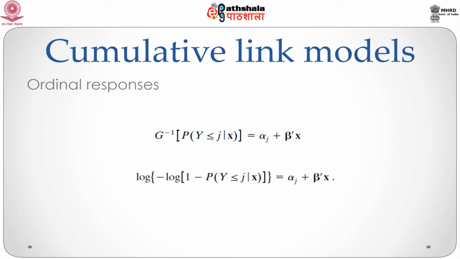So, for example, if we were to assume an extreme value distribution for the underlying latent variables, this leads to the complementary log-log link given by the equation log of minus log of 1 minus probability y less than or equal to j given x equal to alpha_j plus beta prime x.